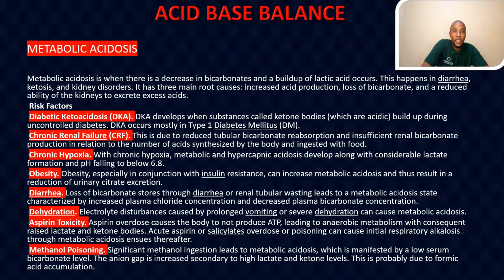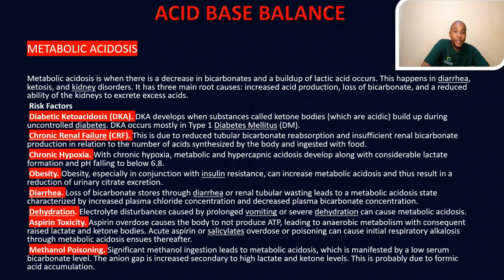Remember the function of the kidneys: excretion and production of bicarbonate ions. So what is basically happening with chronic renal failure? Our kidneys are failing to produce enough bicarbonate ions, and at the same time they are not able to excrete the excess lactic acid which is being produced in the body. That is what is happening.